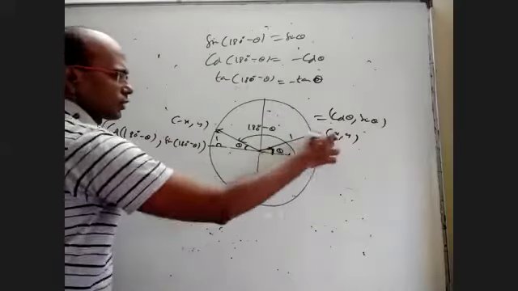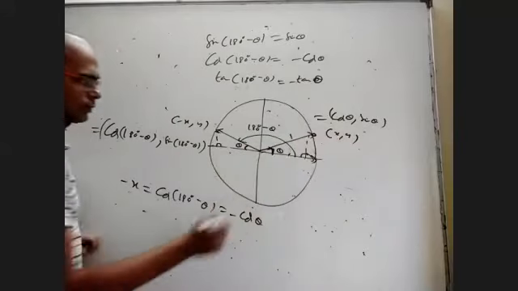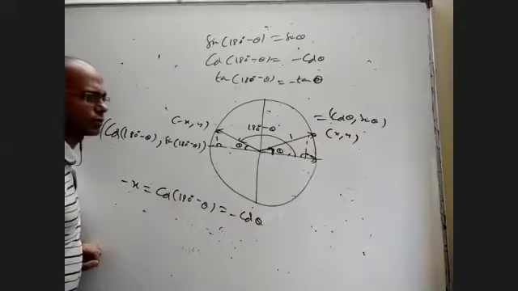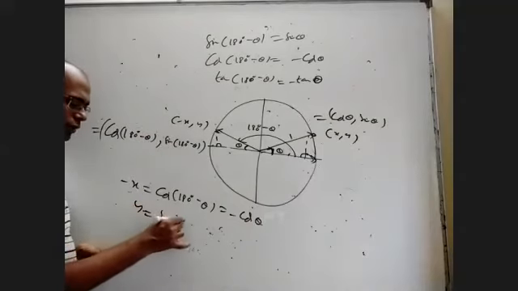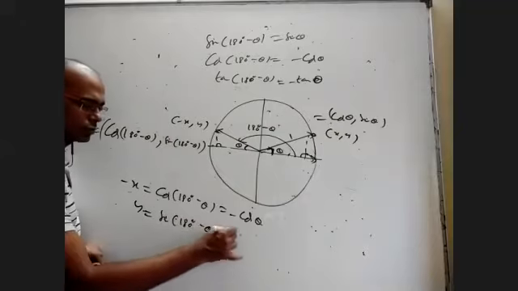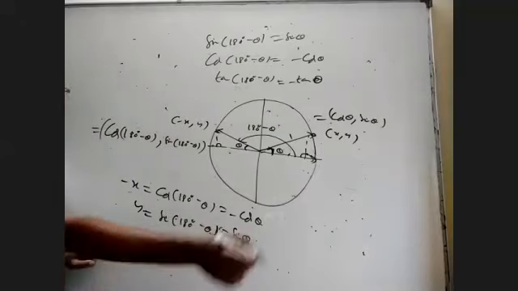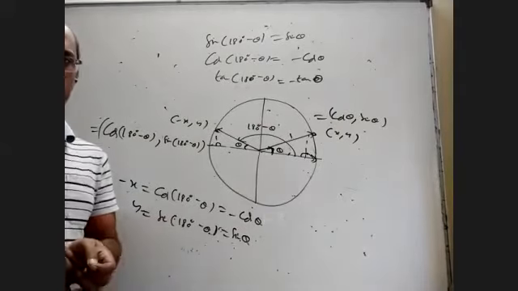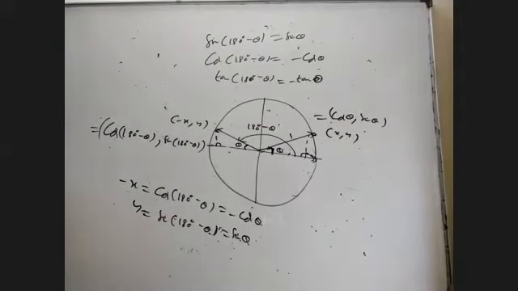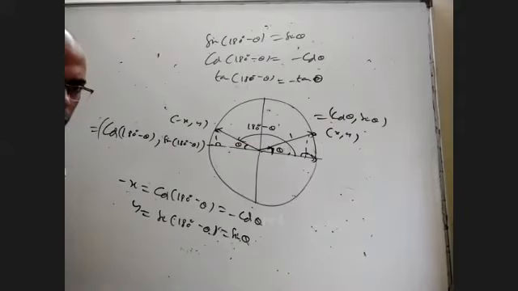Here x is cos theta, so minus x will be minus cos theta. That's how cos 180 minus theta is minus cos theta. If I take the y coordinate, here it is sine 180 minus theta, and the same y there is sine theta. That's why sine 180 minus theta is sine theta. Divide them, so that tan 180 minus theta is minus tan theta.